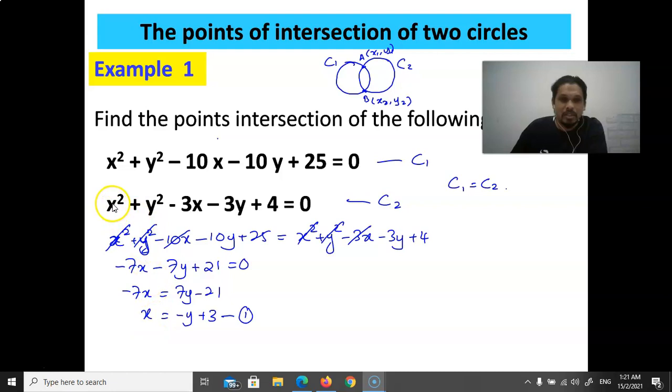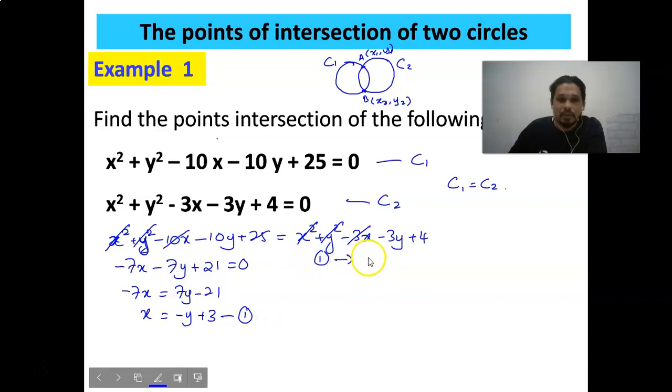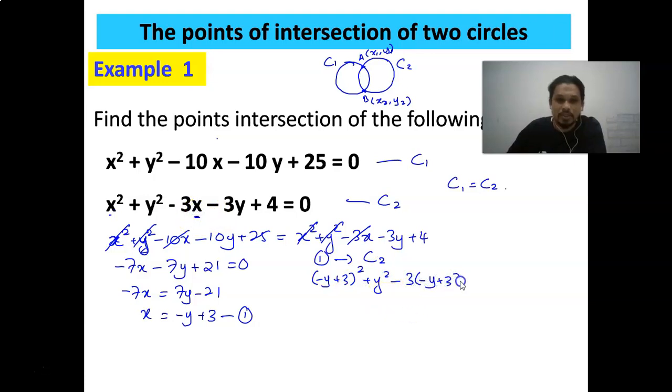If we substitute into the equation of circle number 2, x equals negative y plus 3, so we get (negative y plus 3) squared plus y squared minus 3 times (negative y plus 3) minus 3y plus 4 equals 0.